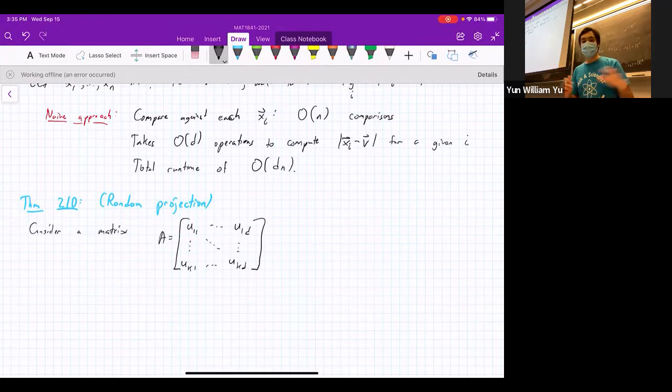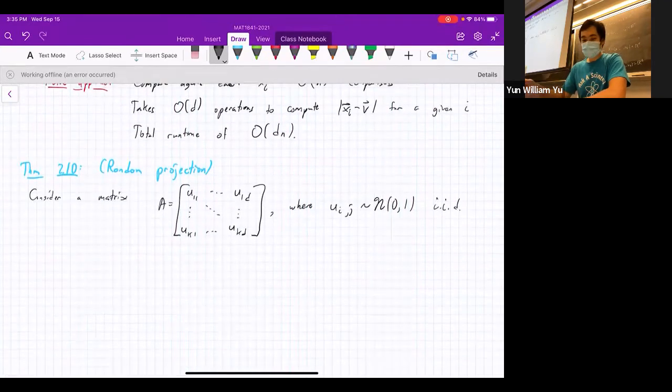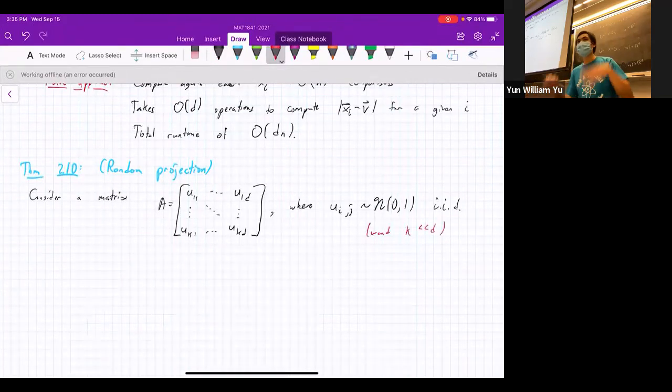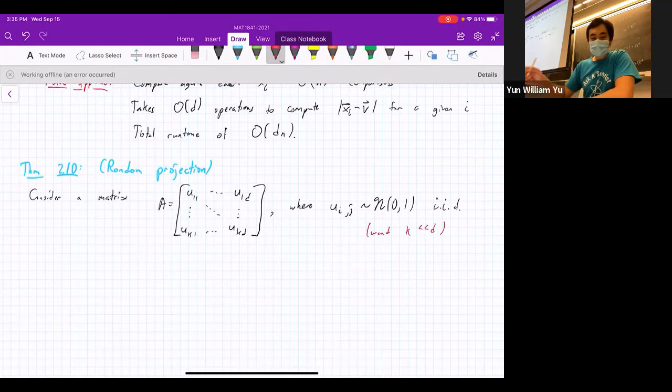As I'll mention later, you don't have to use Gaussians, but Gaussians make all the computations easier. So each of our uij's is drawn from a normal distribution with mean 0 and variance 1, and these are all iid. And ideally, we want k to be much less than d, because if k is bigger than d, well, you're projecting into a bigger space, and that doesn't help you at all.